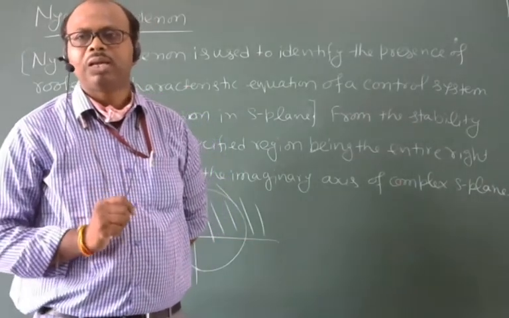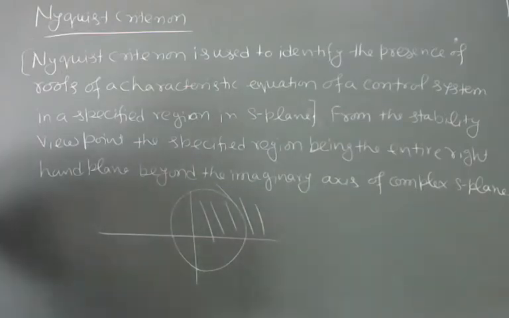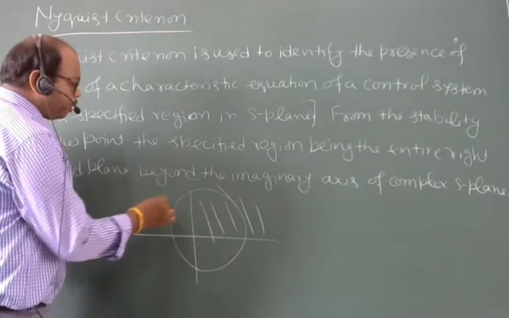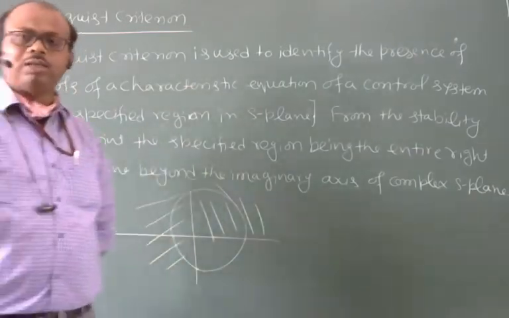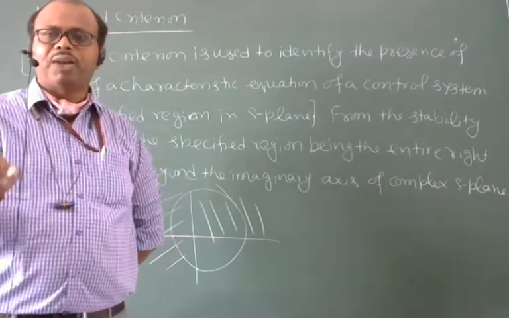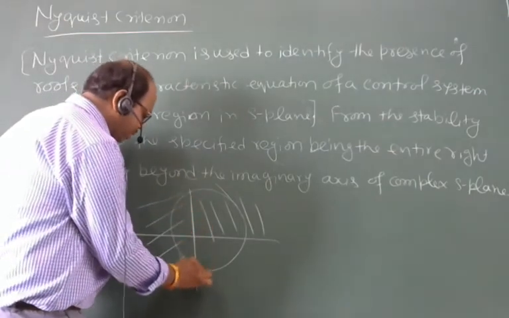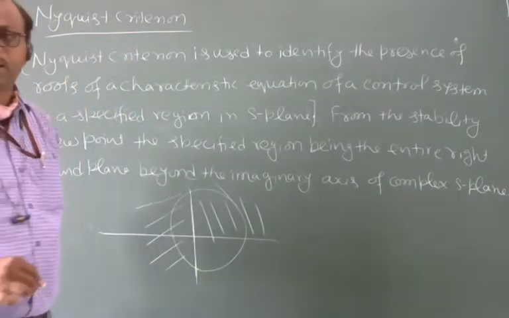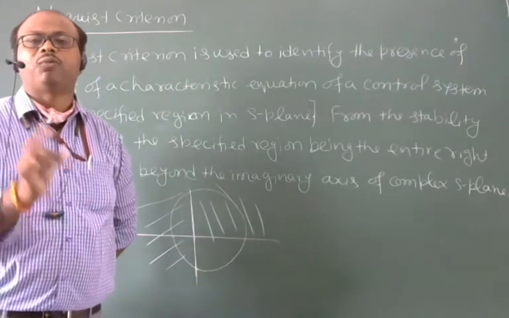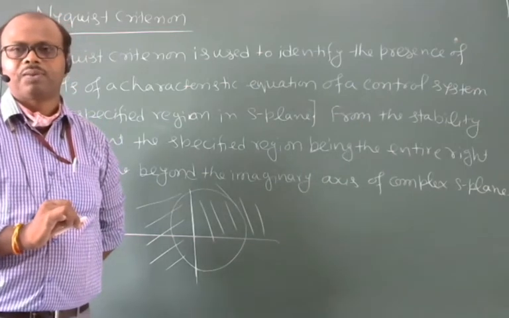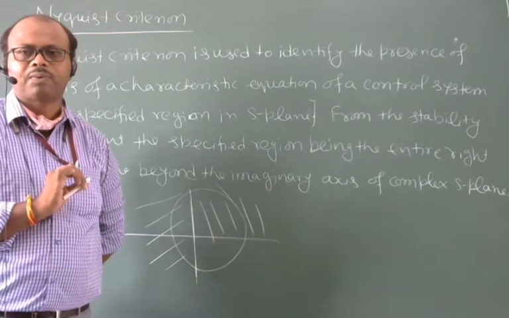And if all poles are in the left half of the S plane, then only the system will be stable. If any one pole lies on this imaginary axis, then the system will be marginally stable, on the verge of stability. Right?